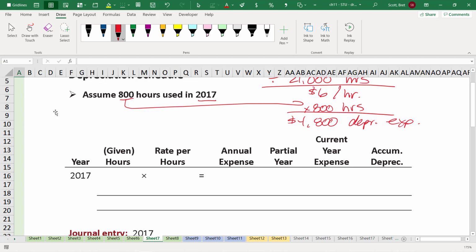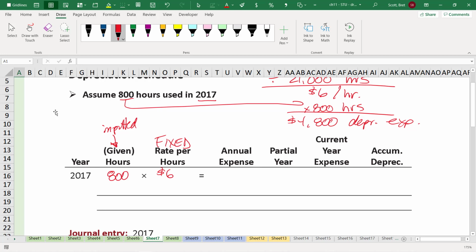Company for year 2017, hours given, usually you'll see the input, 800 hours. You see the rate from up above, $6 per hour. And in this case, this is usually fixed. Rarely does this change. This is usually what's inputted every single year.